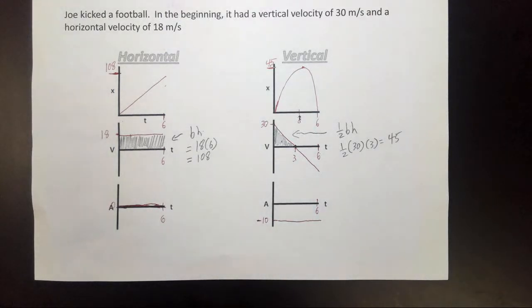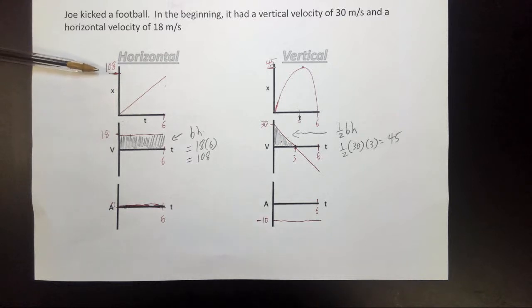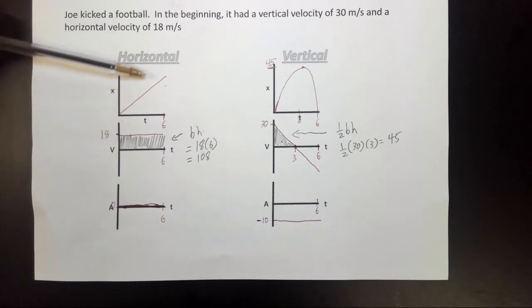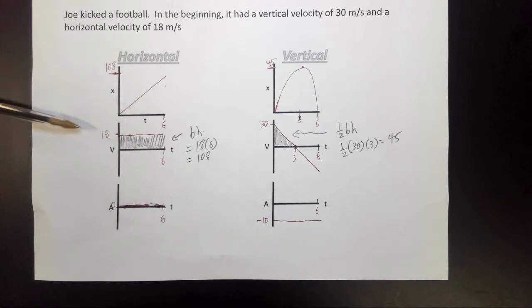All right, so just a couple things we want to show you. What if you're not told the velocity? What if you're told the distance first? You can go from information here down to information here. Like for instance, notice that the slope of this line equals the velocity, right?